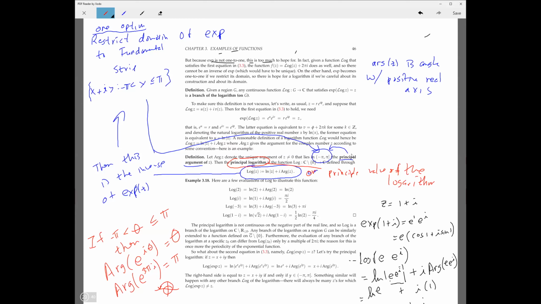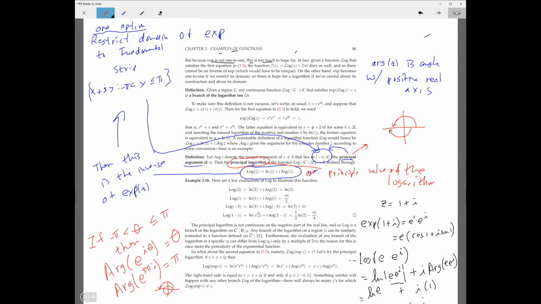So principal value is going to be an angle between here and here. If it's up here, then you're going to measure this way. If it's an angle down here or anywhere down here, then you're going to measure going down this way in the negative direction. Okay.